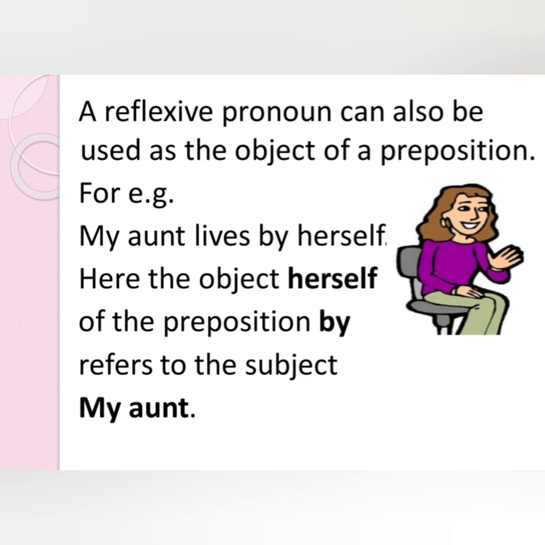For example, my aunt lives by herself. Here, the object herself of the preposition by refers to the subject my aunt. I hope this was simple enough to understand.